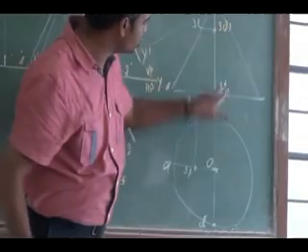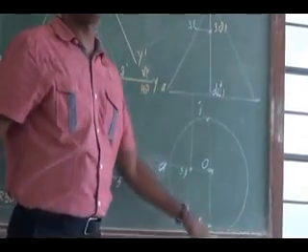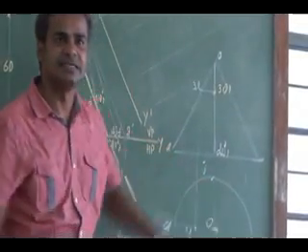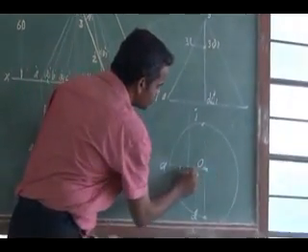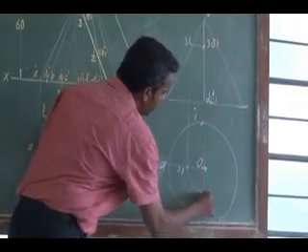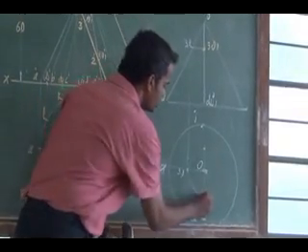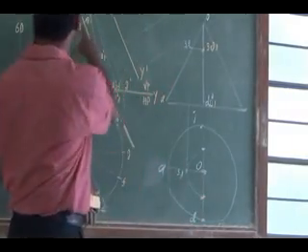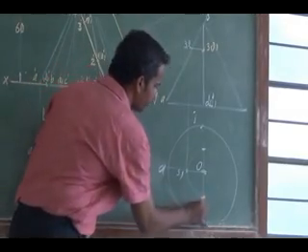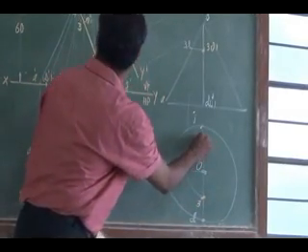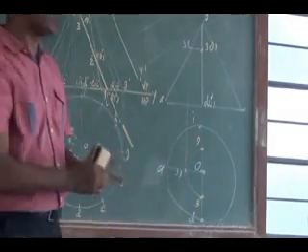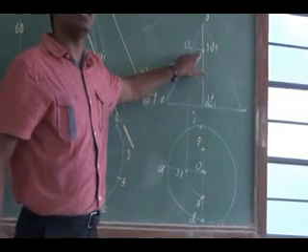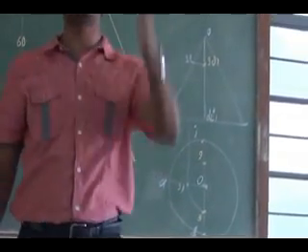Now how can I transfer this to the original generators? Just measure this and rotate it to the corresponding generator. So on OD I have to mark 3, and on OJ I have to mark 9. This is how you transfer cutting points 3 and 9 which are on the vertical generator.